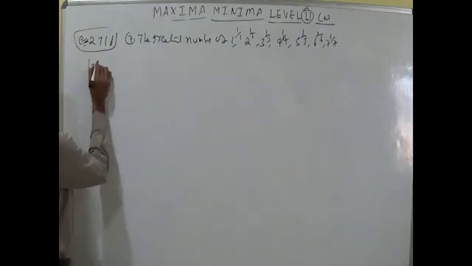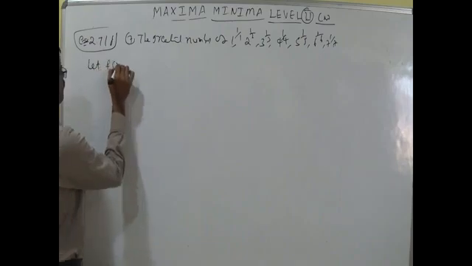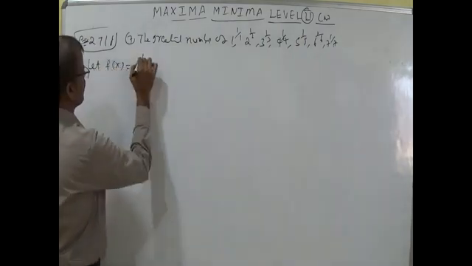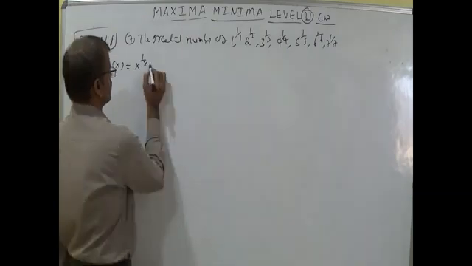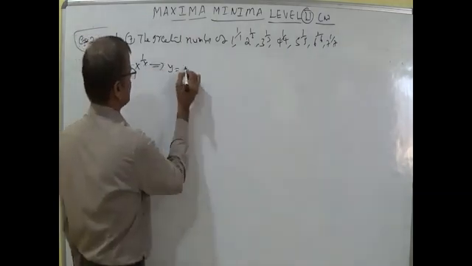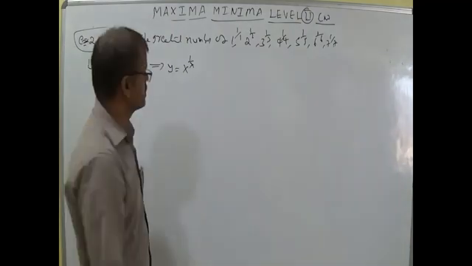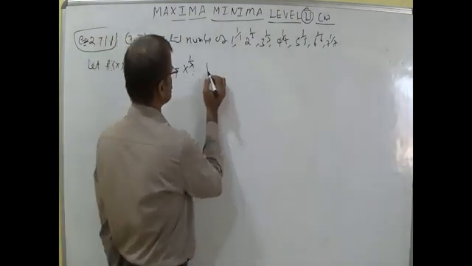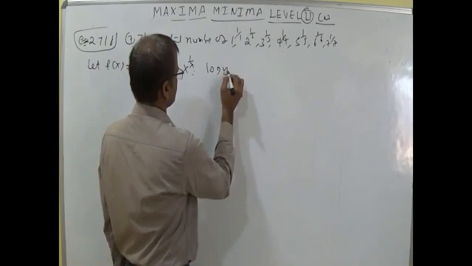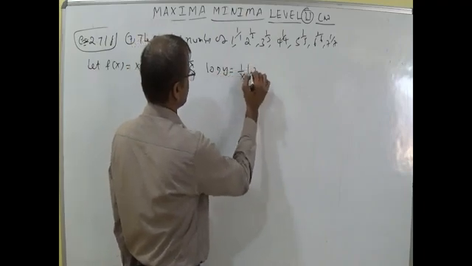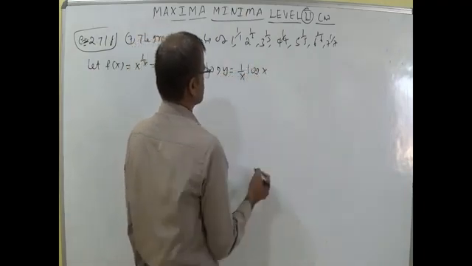Let me write here. Let f of x is equal to x power 1 by x. That implies, here I am writing y is equal to x power 1 by x. Applying logarithm both sides, you can write log y is equal to 1 by x into log x.